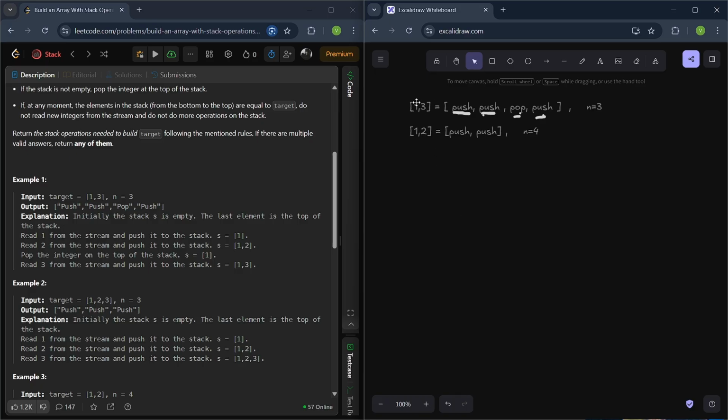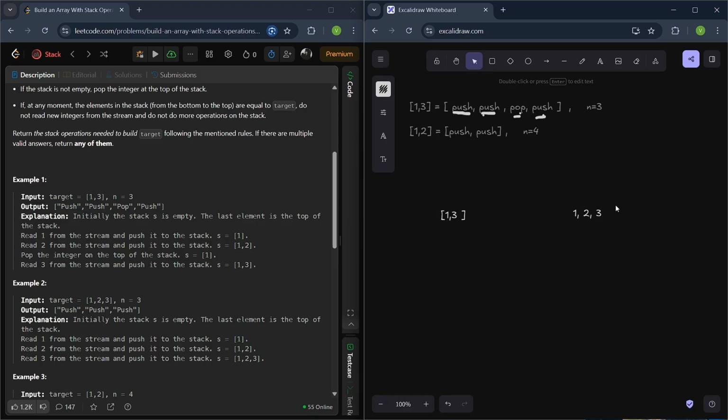Okay, first I will take this target value that we have to achieve, that is 1, 3. And what we are going to use is the 1 to n values, that is 1, 2, 3. The first example I'm going to take, n is 3, so 1, 2, 3, and this is the target.